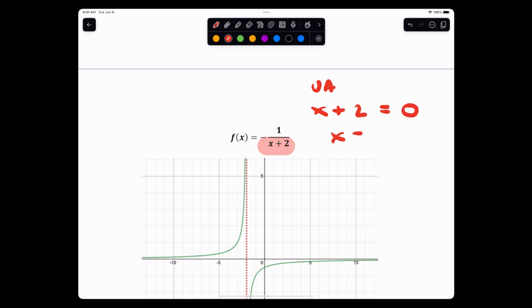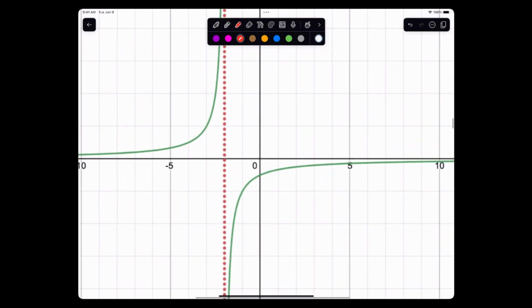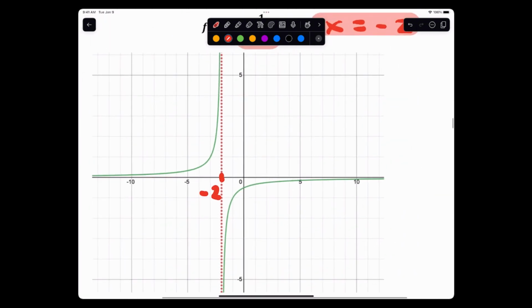So set that equal to 0, solve for x, and what do you get? And this is your vertical asymptote. Is that right? So functions are not continuous at vertical asymptotes, ladies and gentlemen. Okay? They're not continuous there. So at x is -2, you're going to see that here. You go, oh, is that where -2 is? It sure is. So let's see if you guys can tell me. What's the left-handed limit?